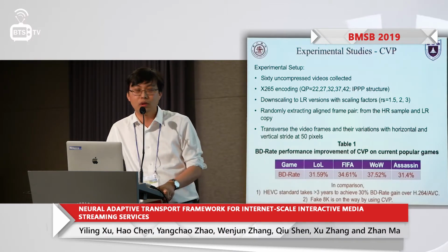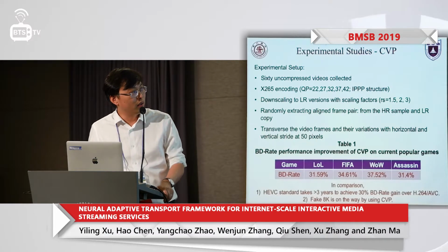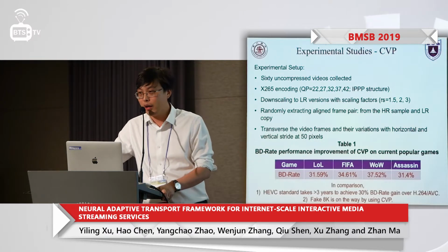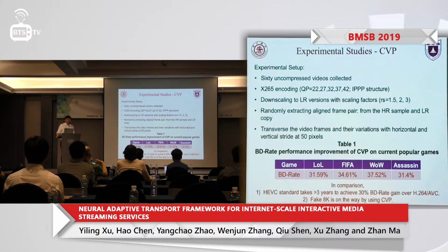FIFA is the soccer, WOW is World of Warcraft, and Assassin actually is the 4K game used by Google Stadia. All of these games have very high-intensity motion and very vivid color distribution.